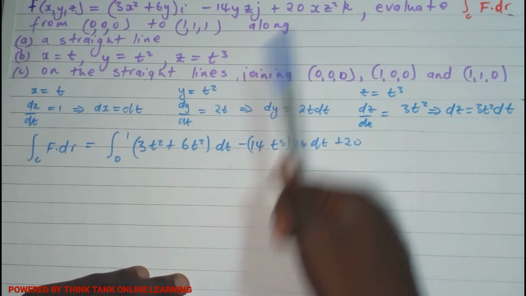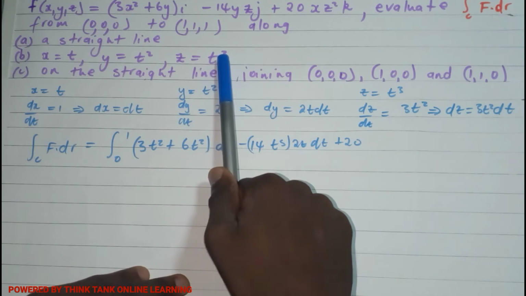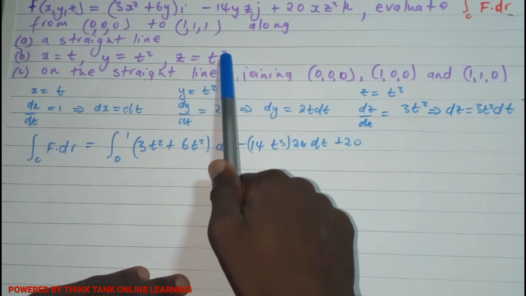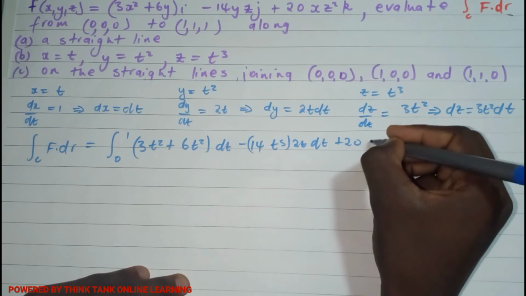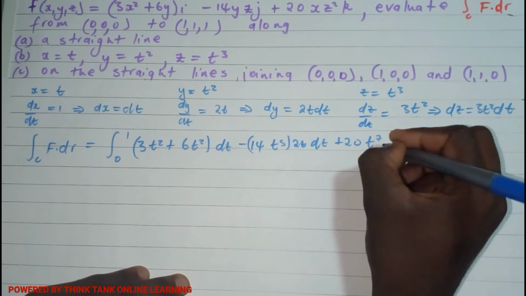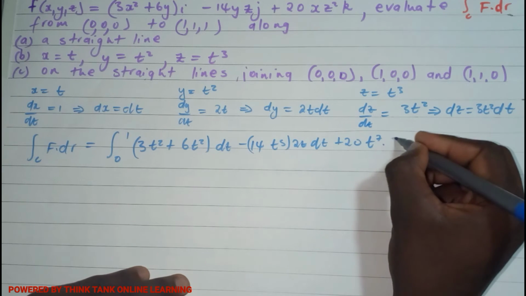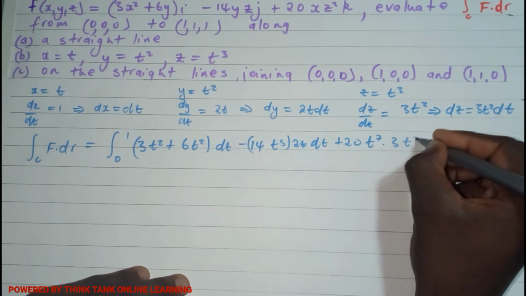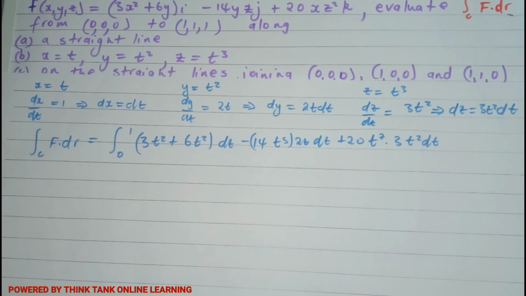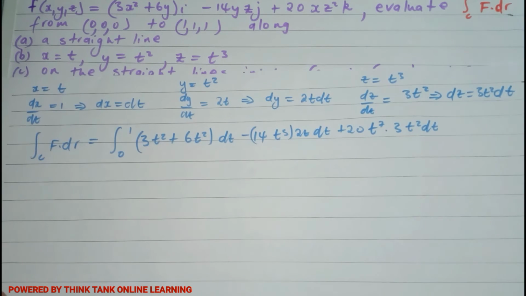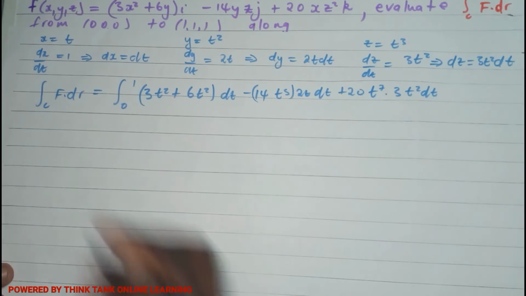We have x times z cubed, so since z equals t to the power 3, we're going to get t to the power 6 times another t, and we're going to have t to the power 7. And what about dz? As you can see, dz is 3t squared dt. Now I want to factor out t, and perform our line integral.